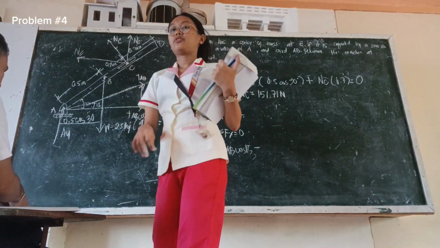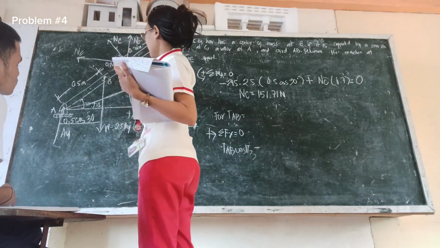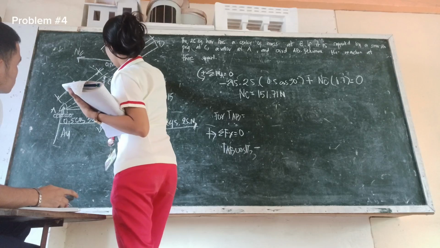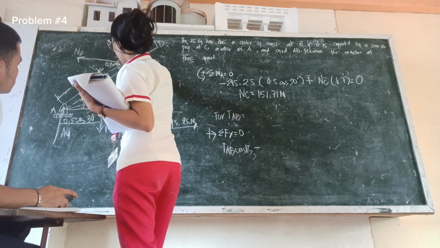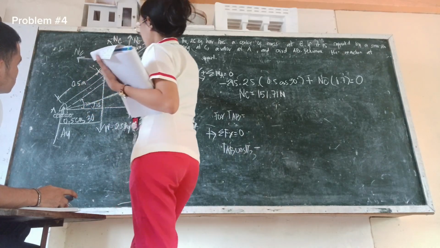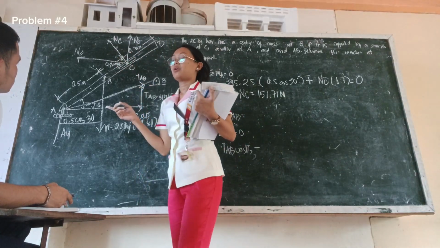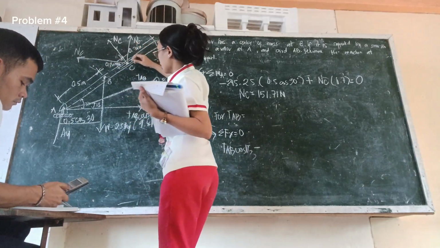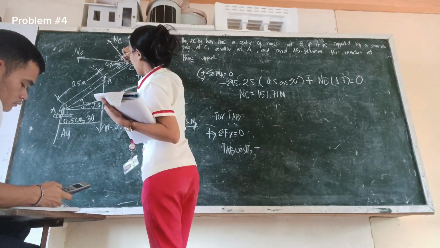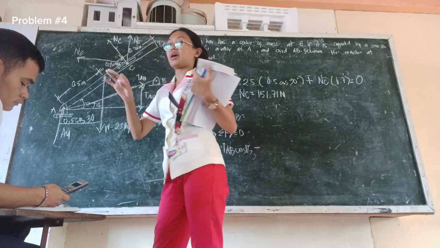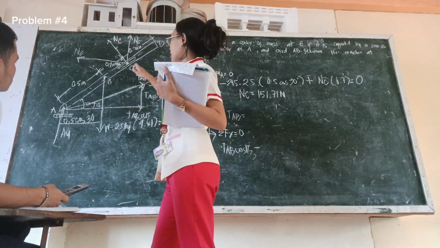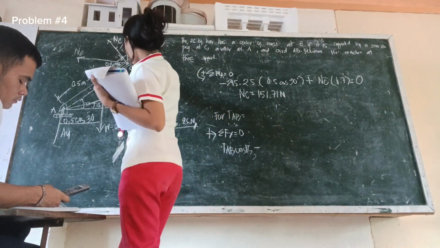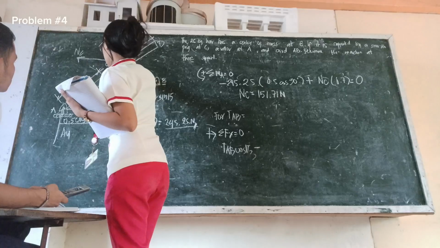First we need to identify its angle. Since this one and this one are perpendicular, this one is 30 degrees. So 30 and 30. As you can see here, if we draw an arrow here, it will become a right triangle. 90 minus 30 is equal to 60. So the angle here is 60 degrees.